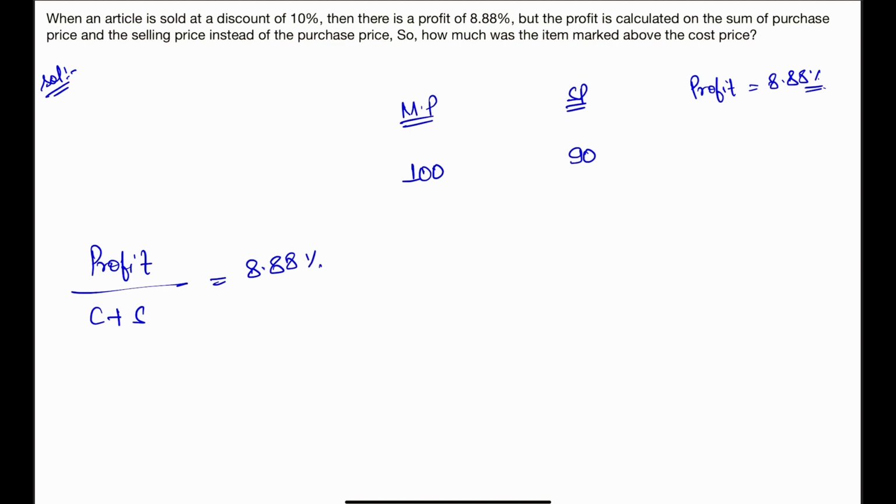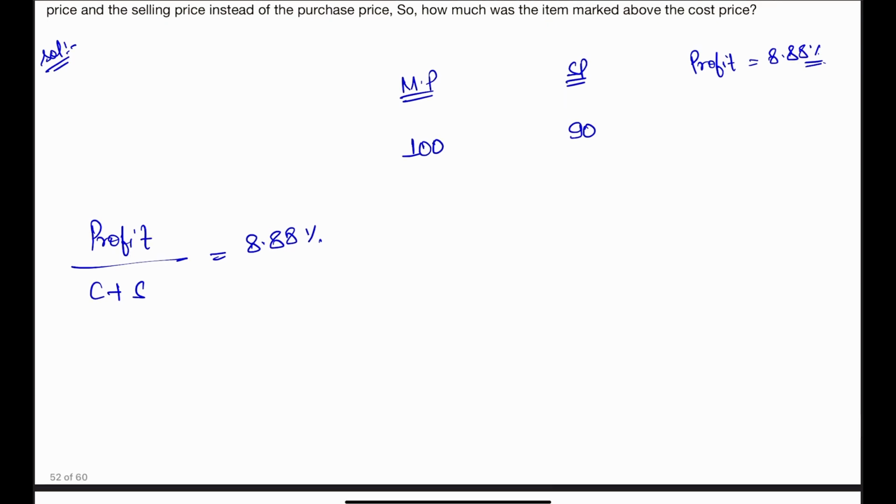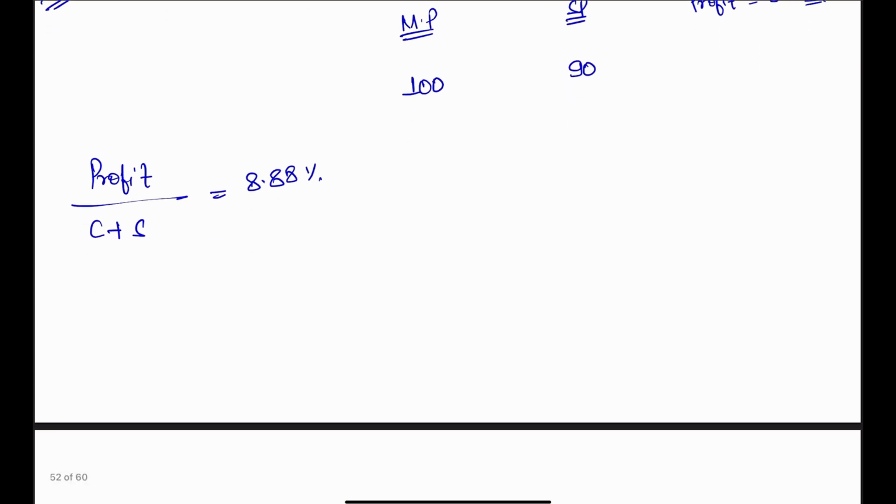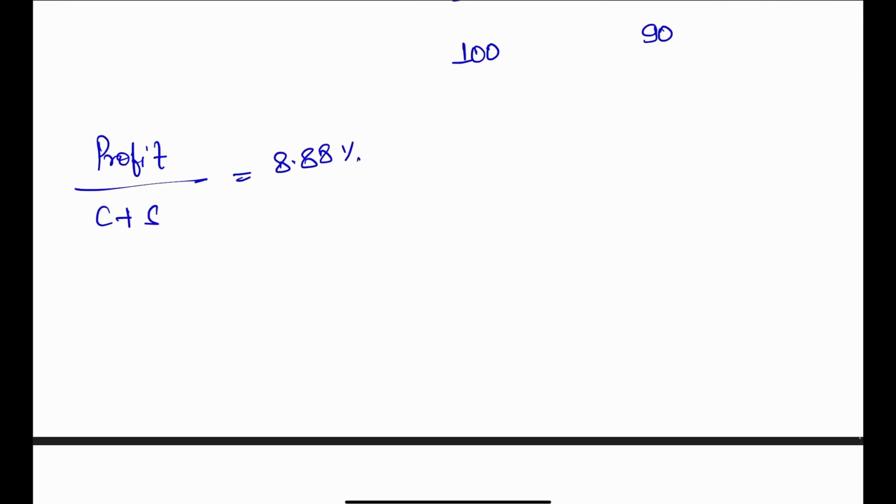So how much was the item marked above the cost price? My profit will be S minus C divided by, and I can replace my selling price here as 90 minus C upon 90 plus C equal to 8.88%.